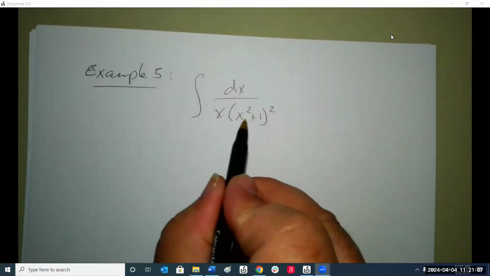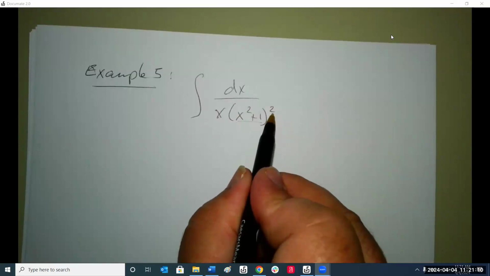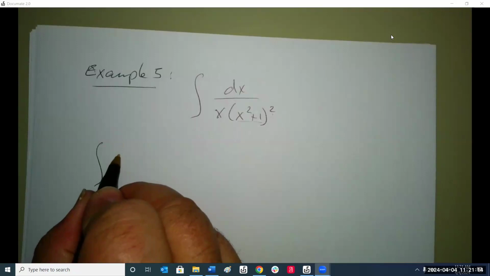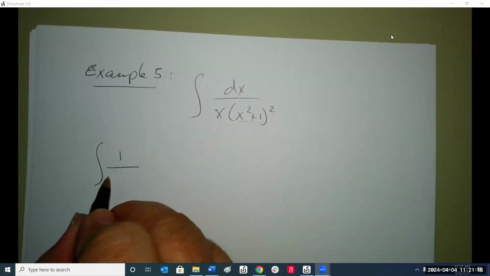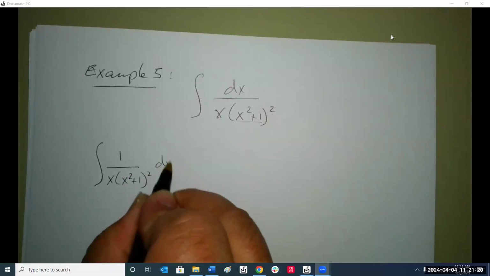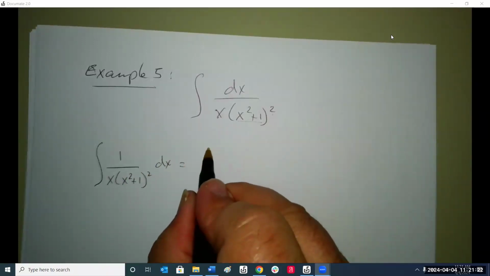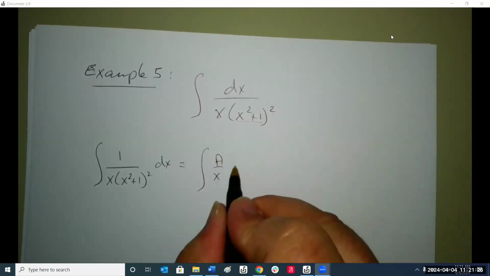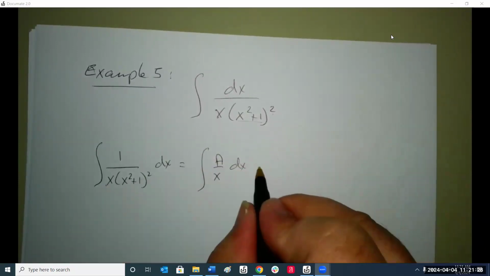So we have 1, 2, 3 possibilities. So we have 1 over x squared plus 1 squared dx. The first one is a over x dx. That's the first one.